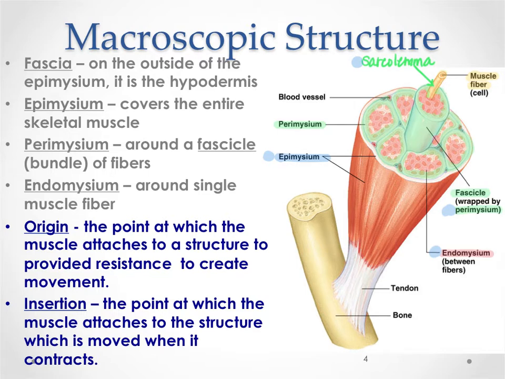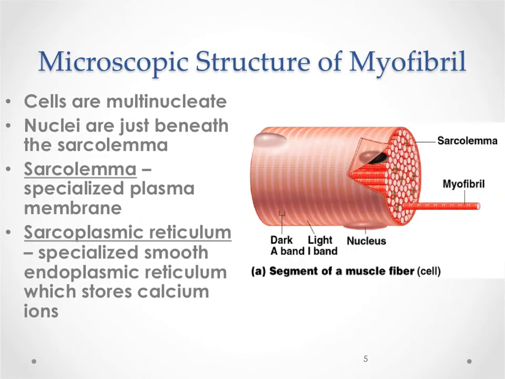Let's take one of these muscle fibers here and see what it is. If we look at the microscopic structure, we just looked at macroscopic. If we go even smaller, microscopically, we will see that the cells are multinucleated, so there is more than one nucleus in each of those.